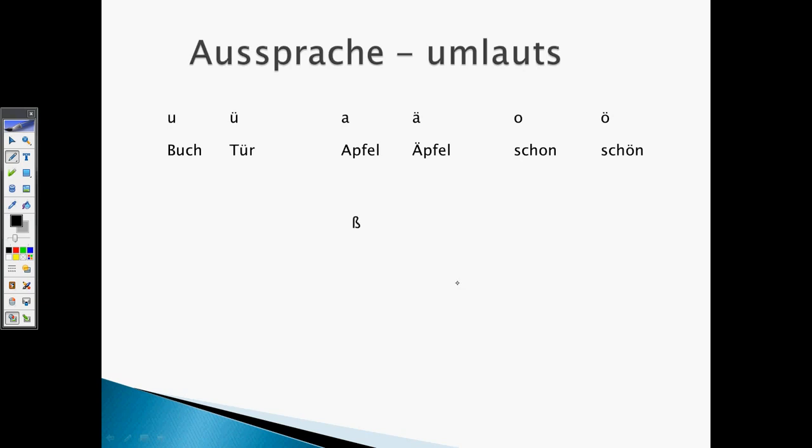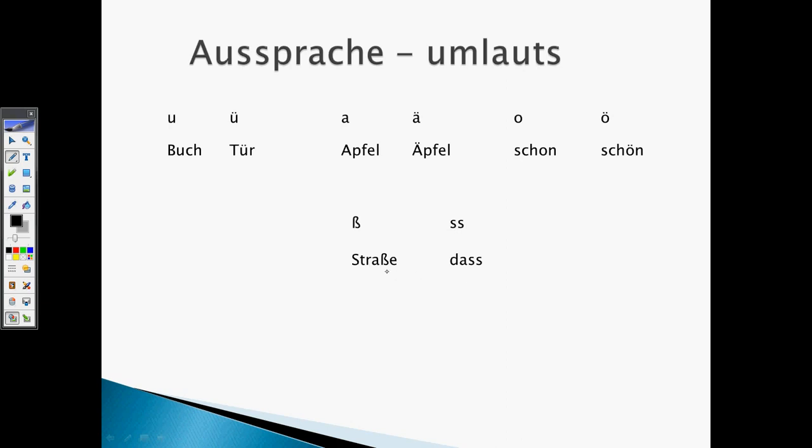And then our SZ, which is the same sound as the double S. So for example, Straße, das. If you notice that, the reason why we use an SZ there is, listen to the A sound in the first word versus the A sound in the second word. So we have Straße, das.